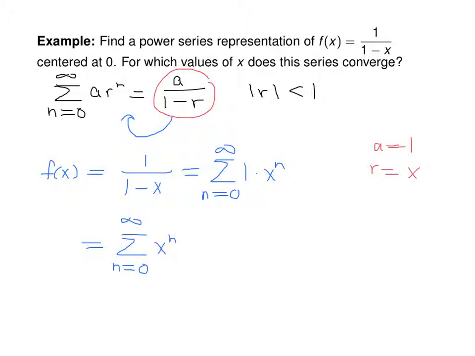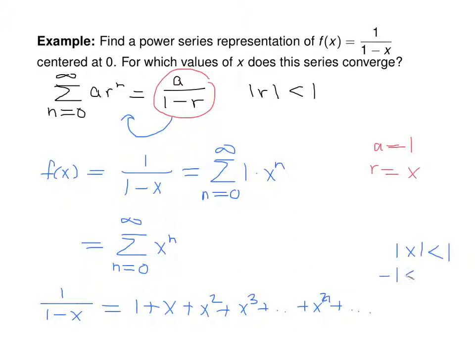So this tells us that 1 over 1 minus x is equal to 1 plus x plus x squared plus x to the third, up to x to the n, et cetera. Now, that is only true if the absolute value of x is less than 1, or x is in between -1 and 1.